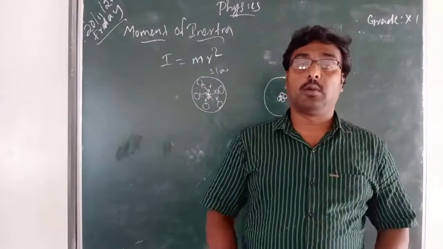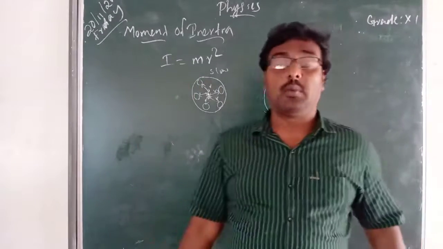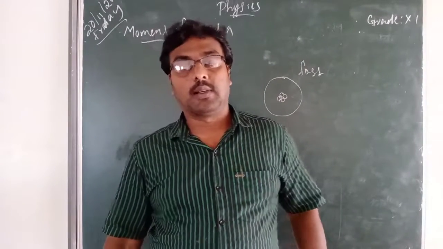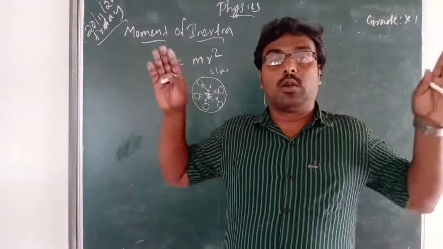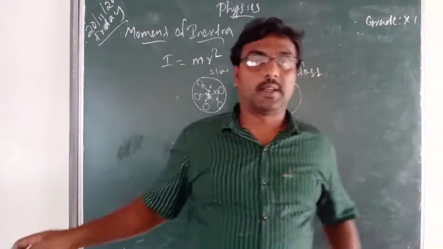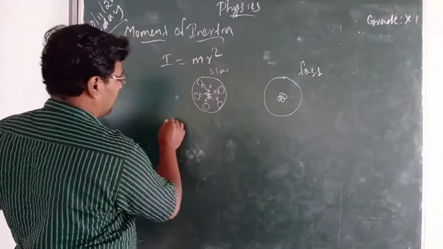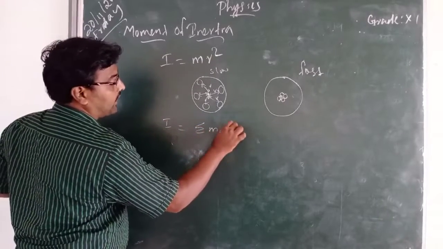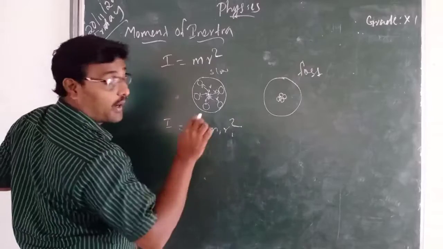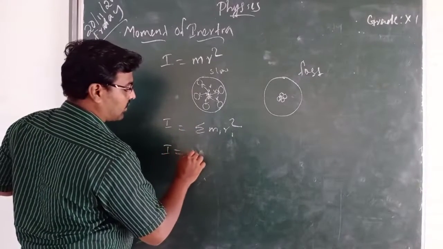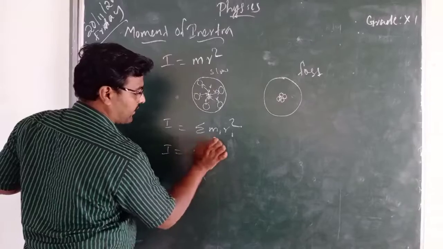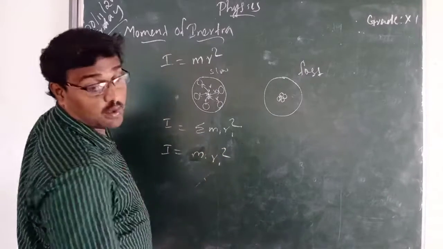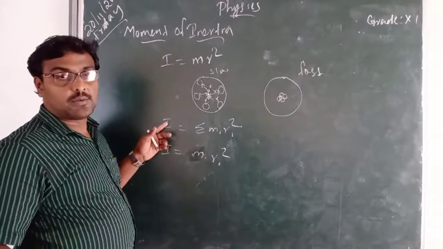Now, to find out the moment of inertia, we are using the formula I is equal to mr square. For a bulk object, we are using I is equal to sigma mi ri square. For a point mass, we are using I is equal to mi ri square.